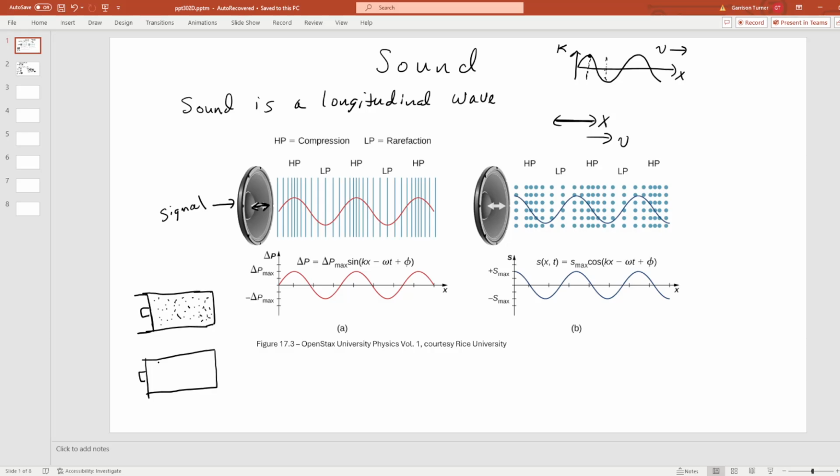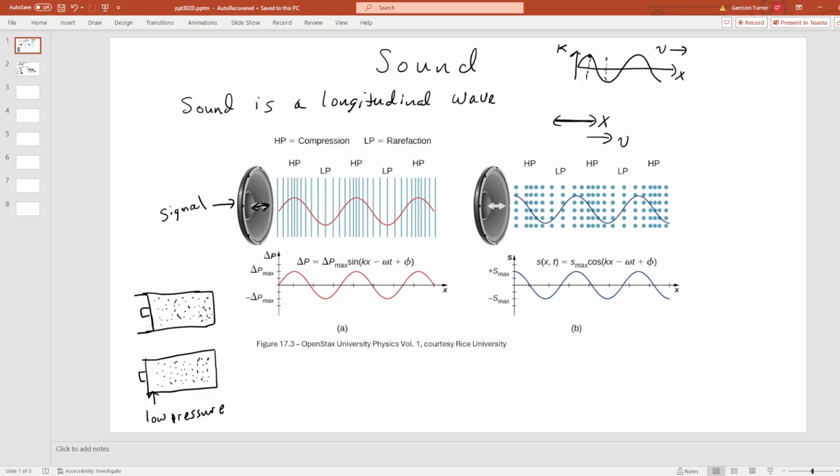And so, for just a brief instant, the molecules are essentially where they were. And you have this region of low pressure compared to the rest of the pressure of the fluid or your gas, whatever the case may be.